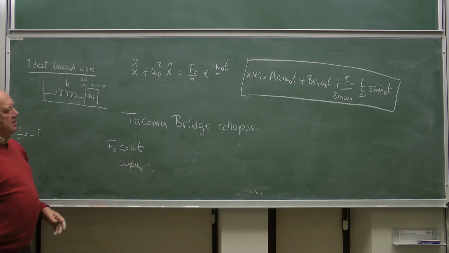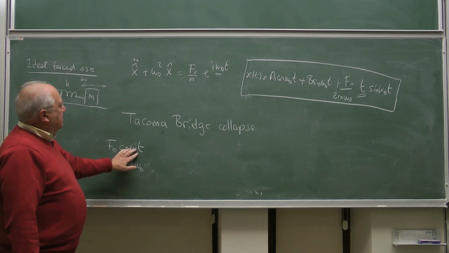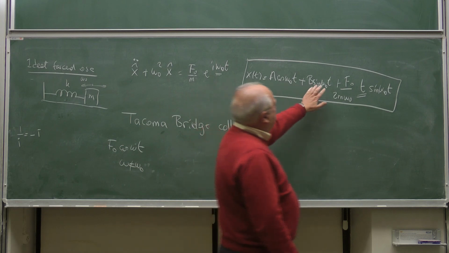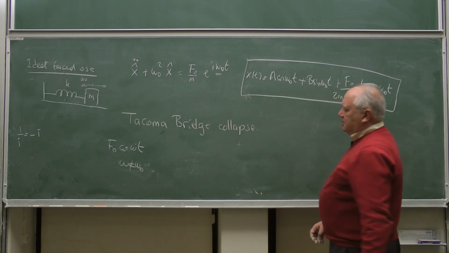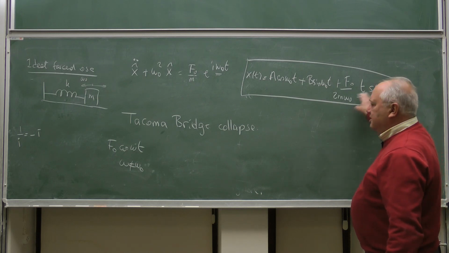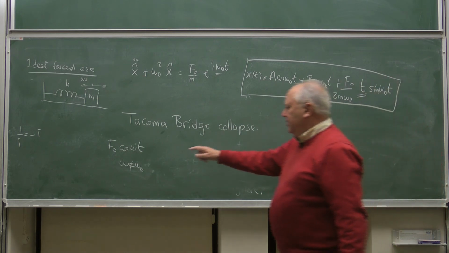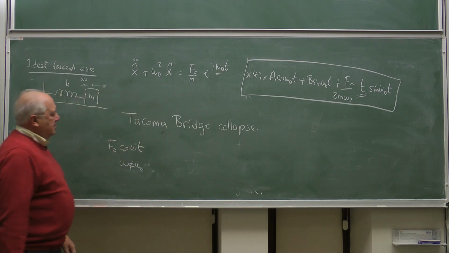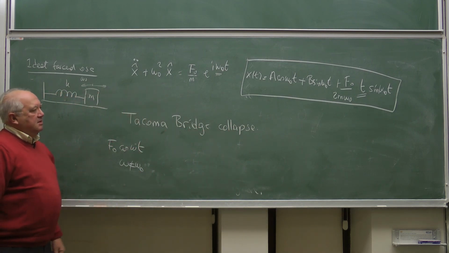In that case, such a function, since it's not cosine omega 0 or sine omega 0 t, it will not be t times that, but it will be simply a magnitude times this type of function.